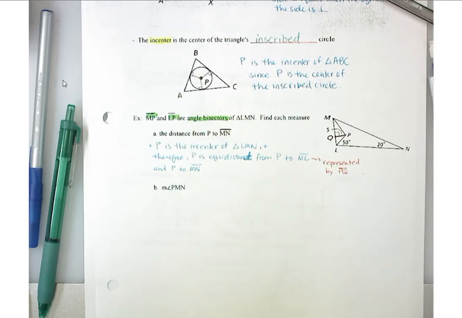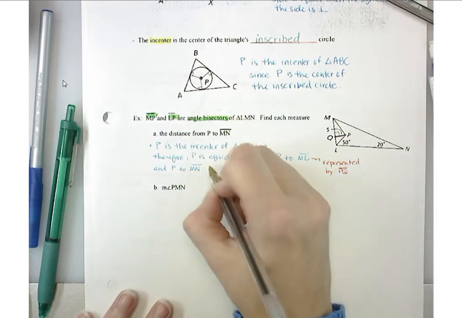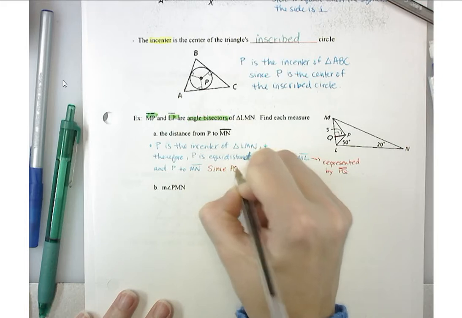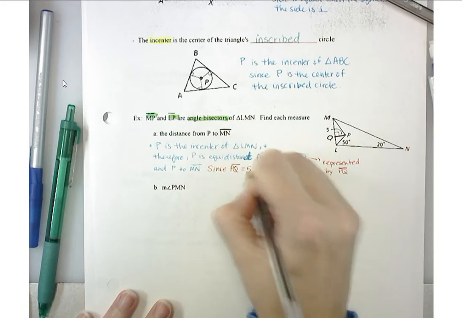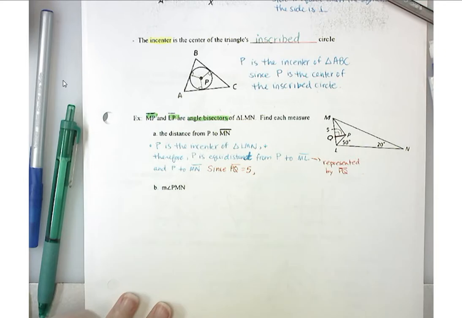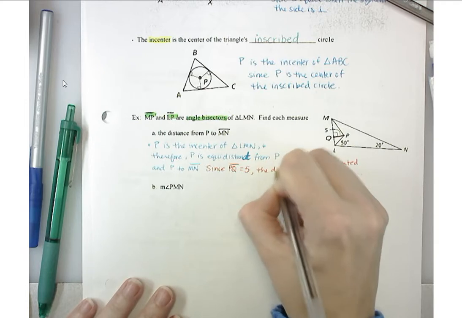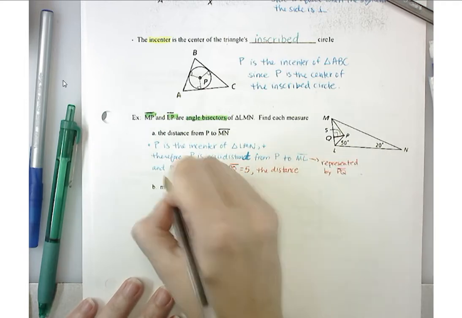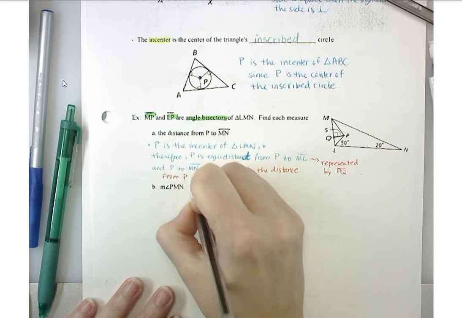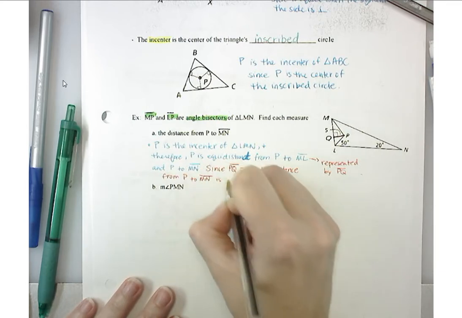Now, even though we don't have a segment in our triangle, that doesn't mean that it's not the same distance. If we wanted to, we could draw that segment in, but we don't even have to. Since we know that PQ is equal to 5, the distance from P to MN is also 5.